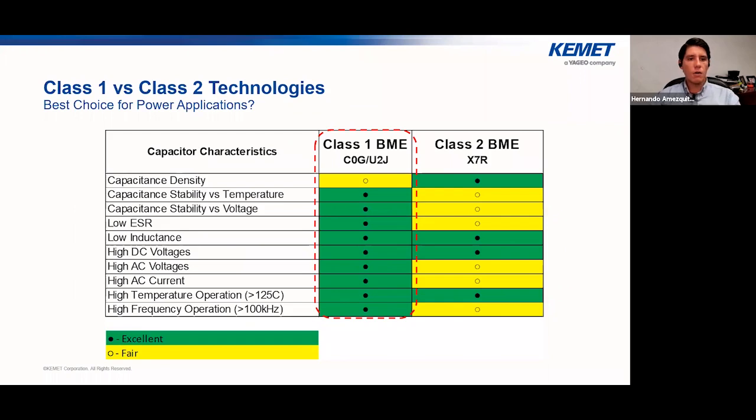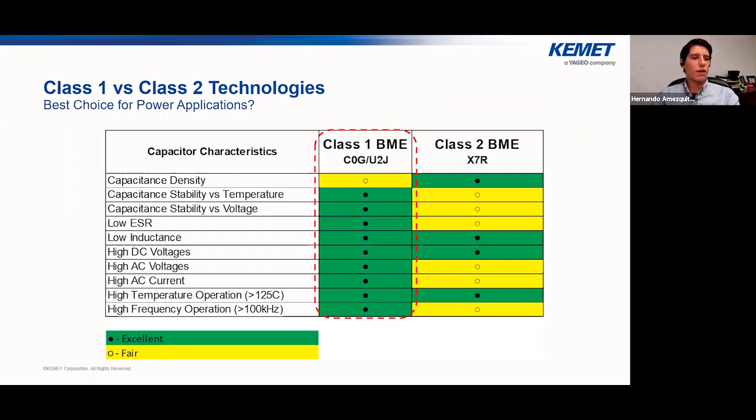Now, with this said, we can generate the best choice for power applications, talking about MLCCs specifically. We have here two columns: class 1 with C0G and U2J dielectrics, and class 2 with X7R. By looking into the matrix, we can see that the majority of these characteristics are green, which is excellent for class 1 C0G and U2J.